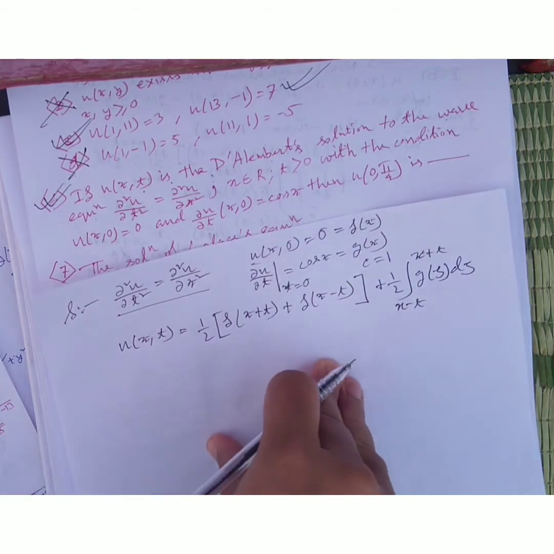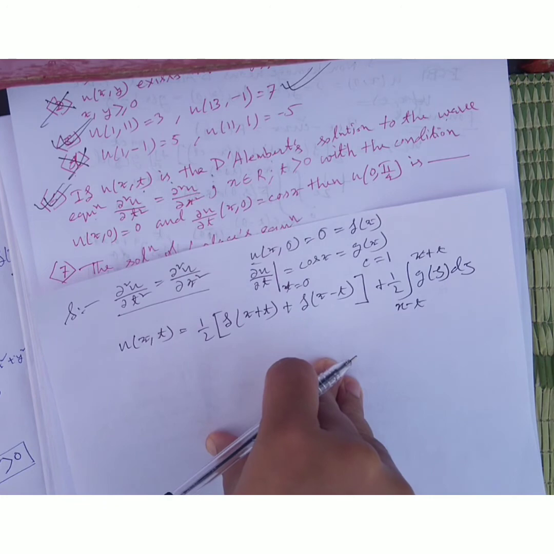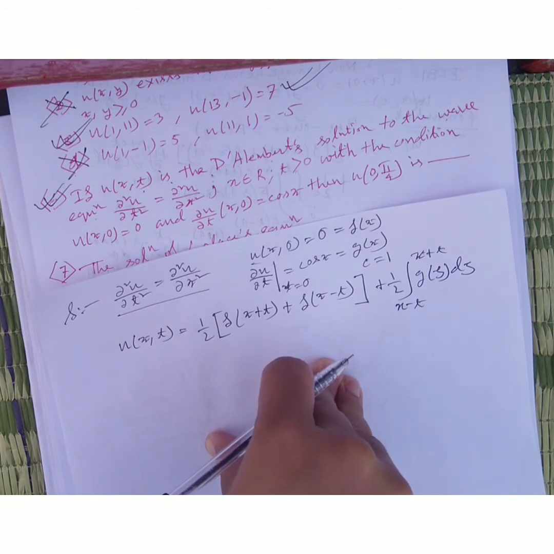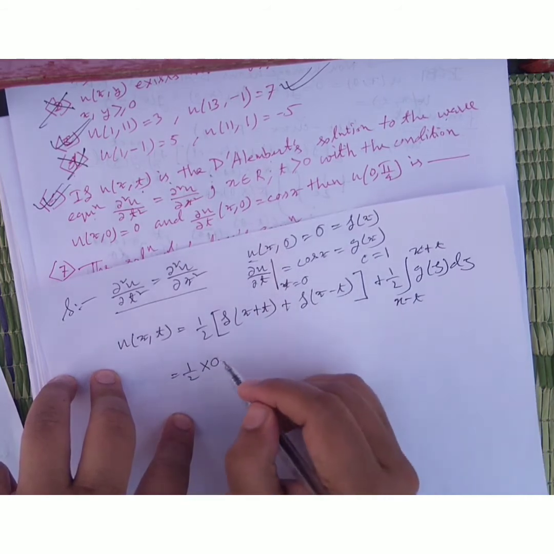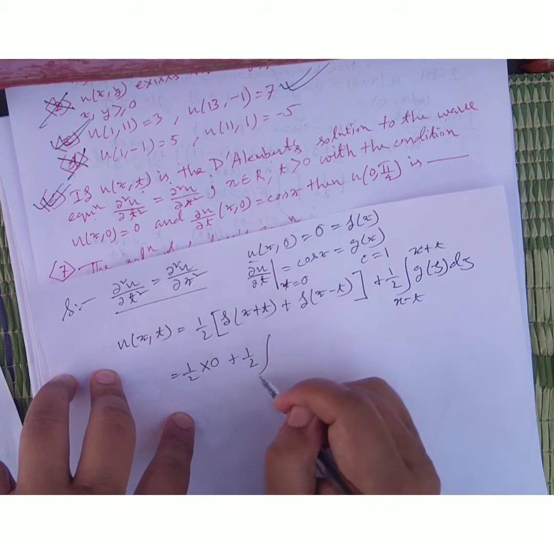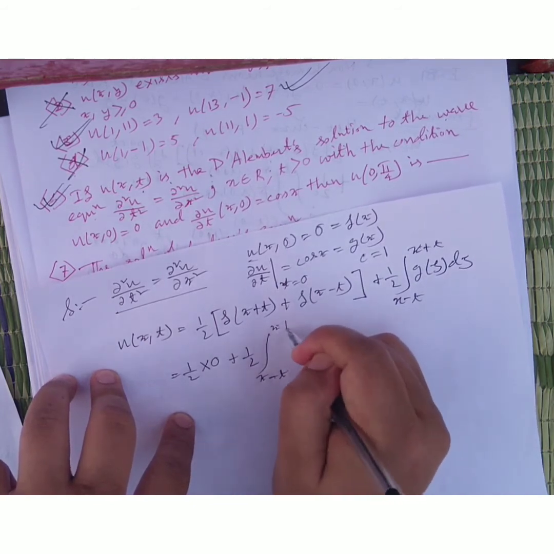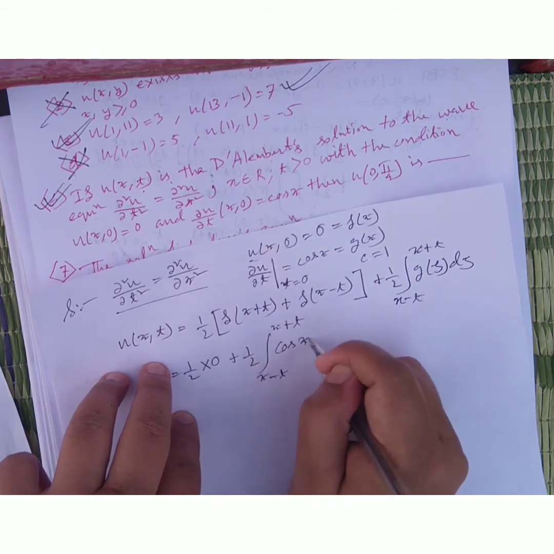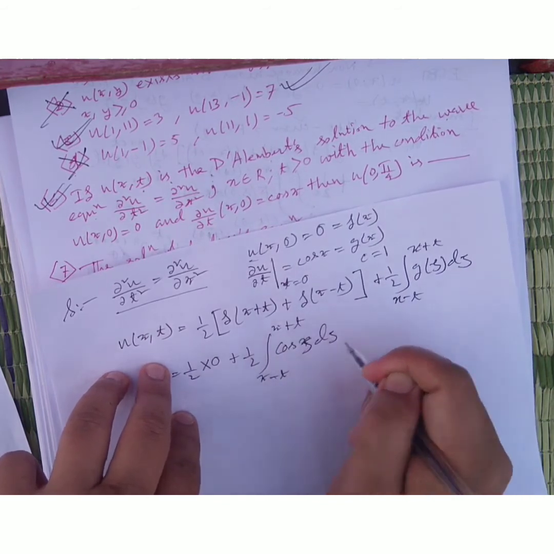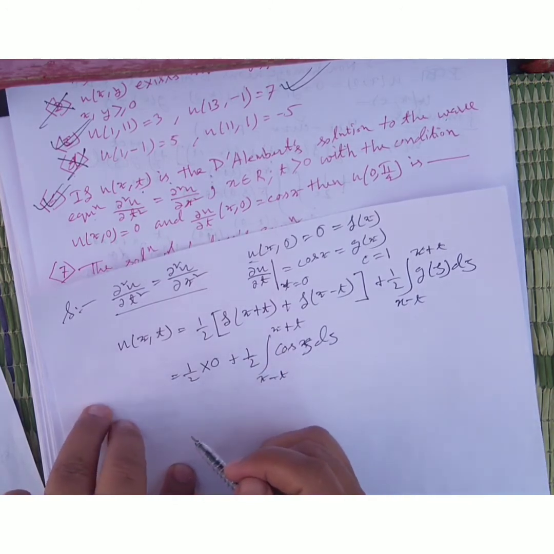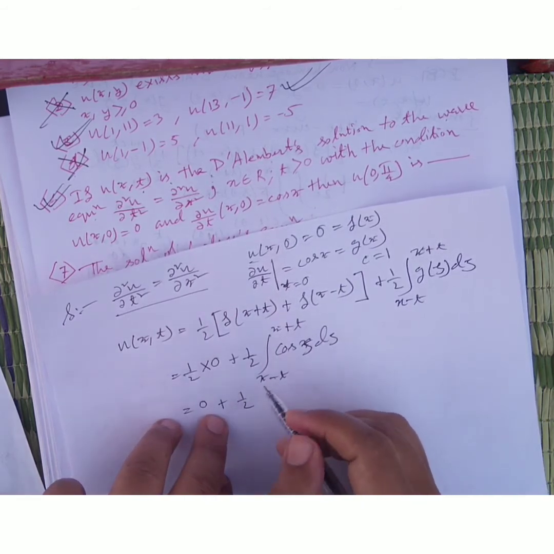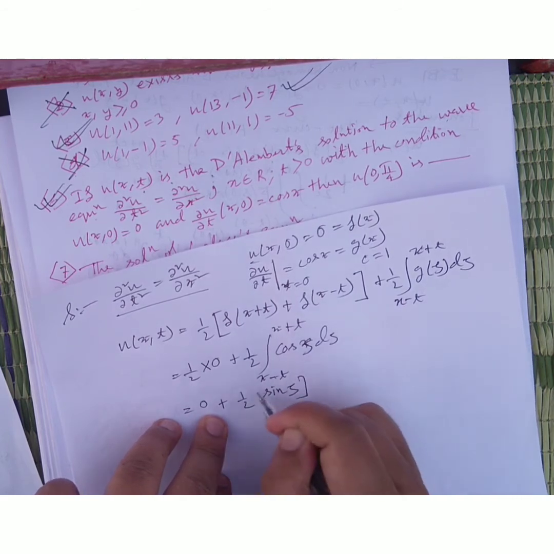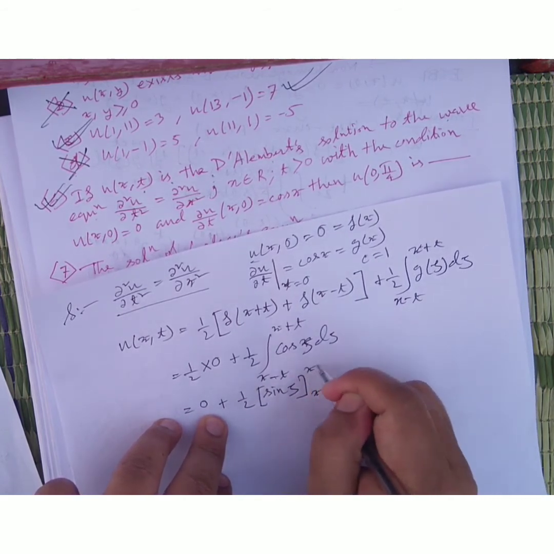This is f(x) and this is g(x). f(x) is equal to 0, so it is half into 0, and g(xi) means half into the integral from x minus t to x plus t of cos xi d xi, which is 0 plus half into sin xi from x minus t to x plus t.